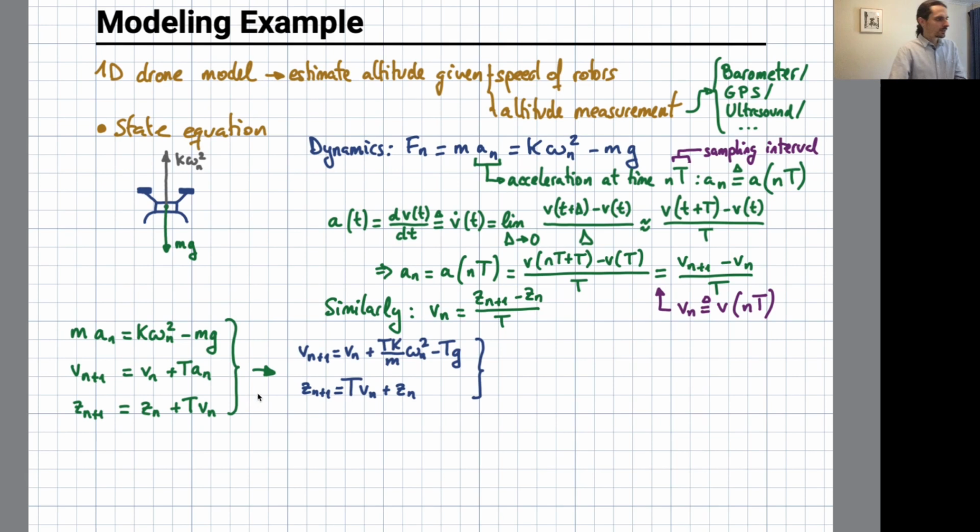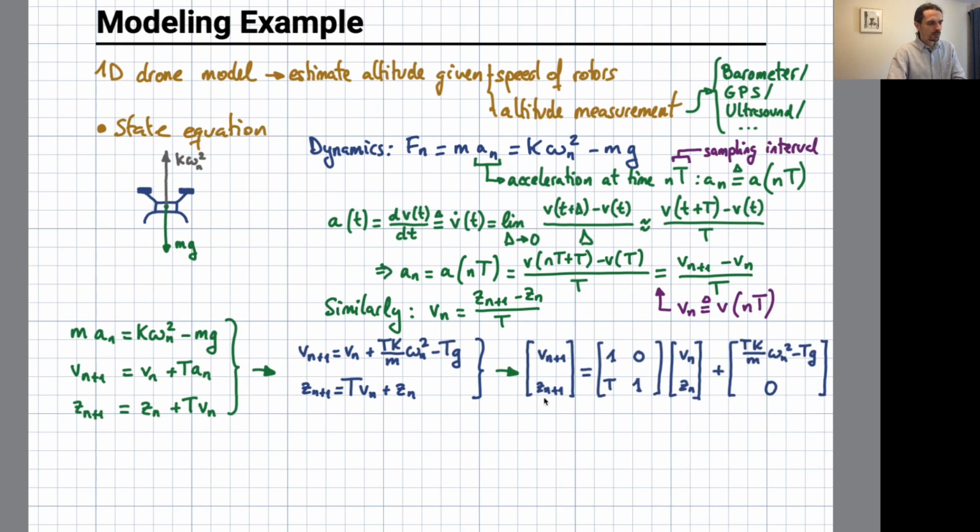And it can be simplified by solving this one for an and substituting it in the second one. This leaves us with one equation for the velocity and one equation for the altitude. This can be expressed in a matrix form in this way. We just need to be careful to write here the correct matrix, and we will have this additional term.